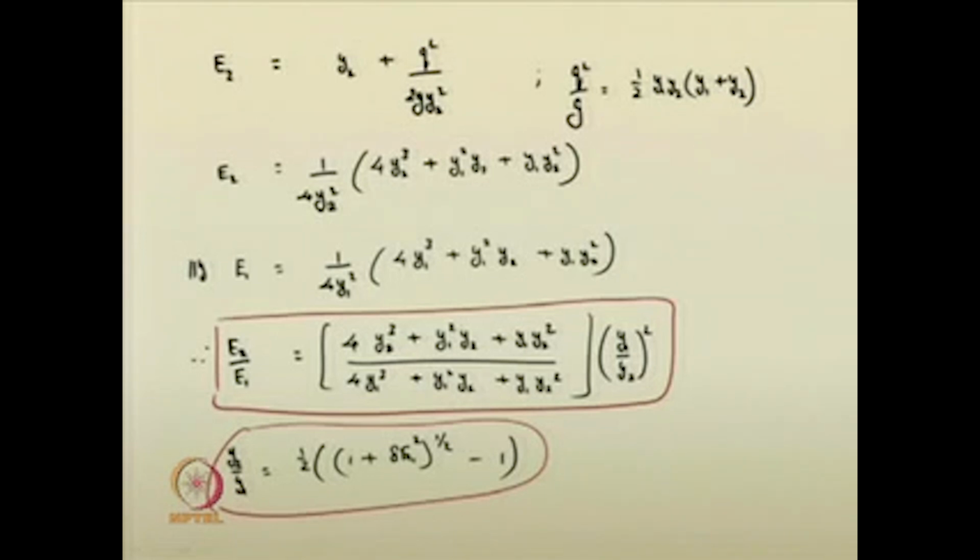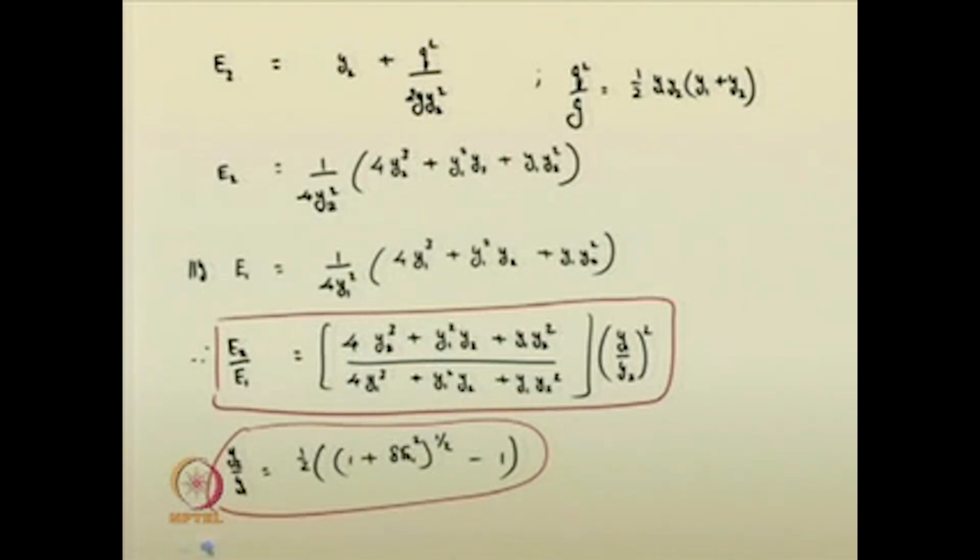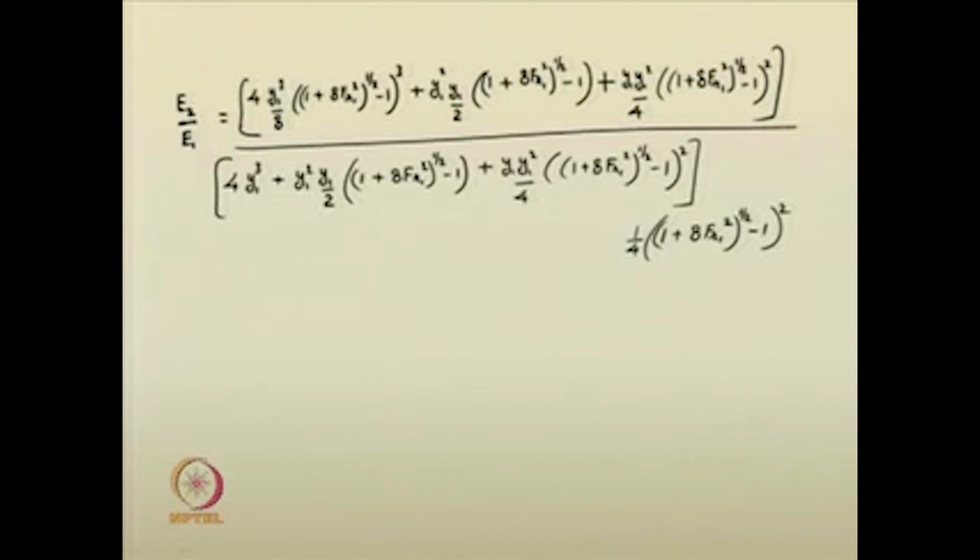Similarly, wherever y 2 comes into the picture, this relationship is substituted. Similarly, this y 1 by y 2 whole square is nothing but the inverse of this quantity, so that is also substituted there. Like that we are incorporating the terms here, and I get the corresponding equation in the expanded form.